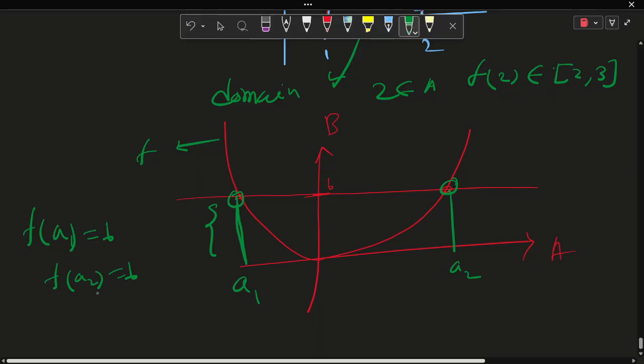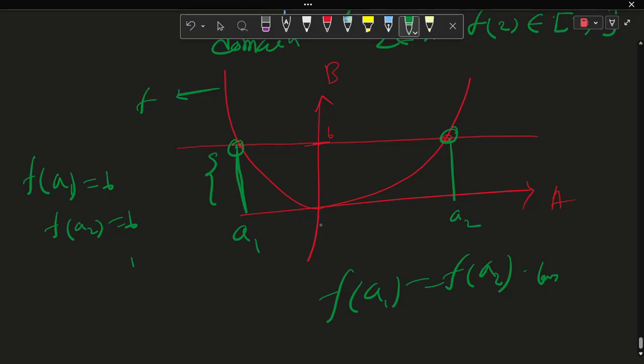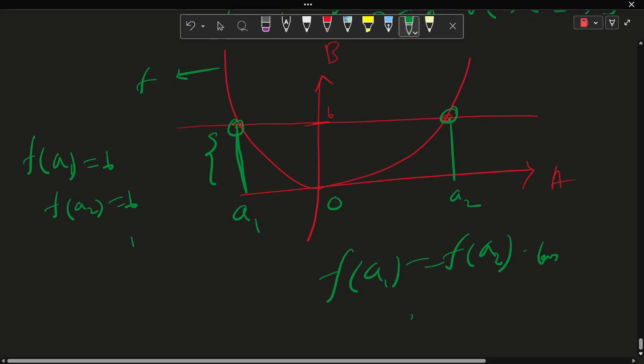So f of a1 equals f of a2, but they are on opposite sides with respect to the domain. a1 is not equal to a2. They are distinct points a1 and a2. So this function is not one-one, right?